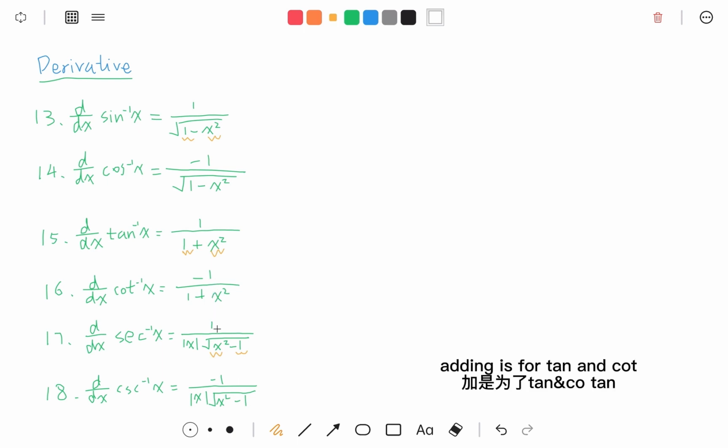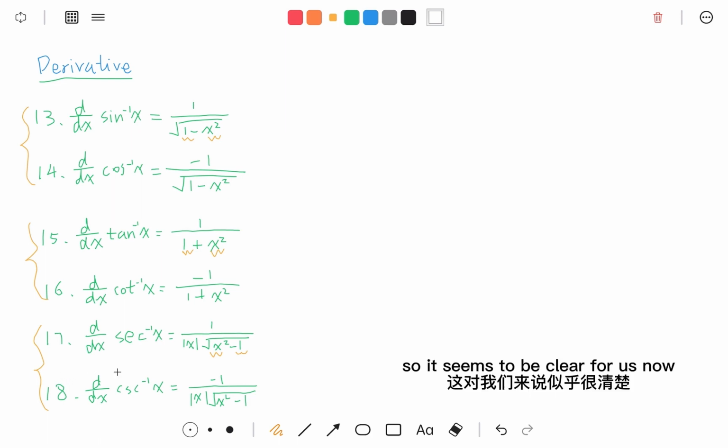Adding is for tangent and cotangent, and there's only one way to add. And 1 minus x squared is for sine and cosine. And x squared minus 1 is for cosecant and secant. And the added group, which is tangent and cotangent, has no square roots. So it seems to be clear for us now. The pattern could help us to remember these formulas.